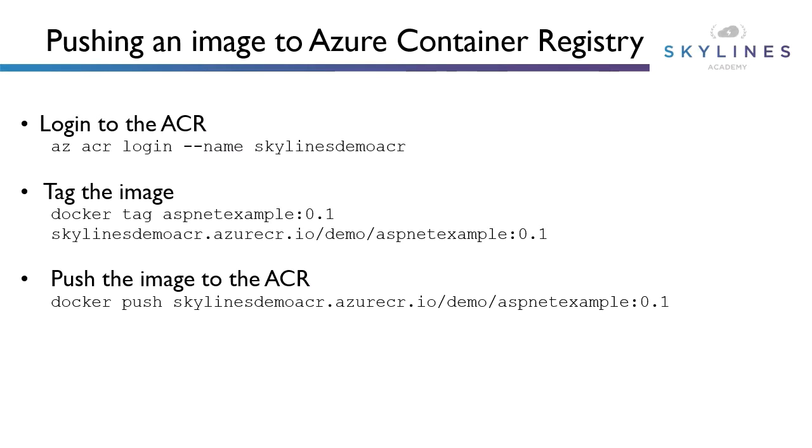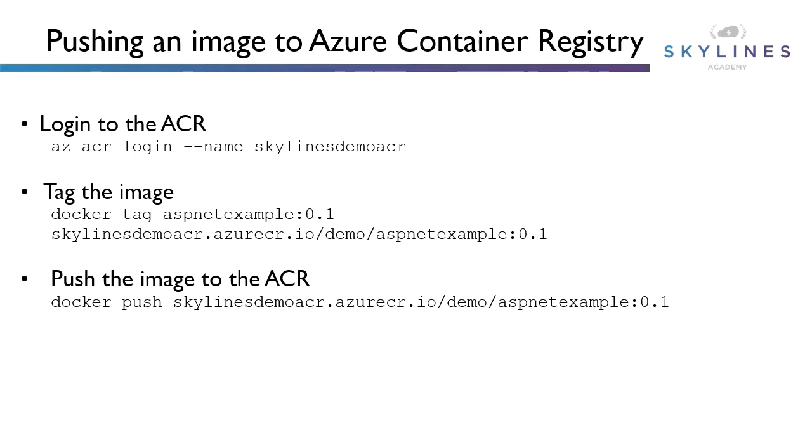And then finally, we're going to use docker push to take our source image and push it to the target location. Since we ran the tag command above, it knows where that source image is, and it will then push it to the location.